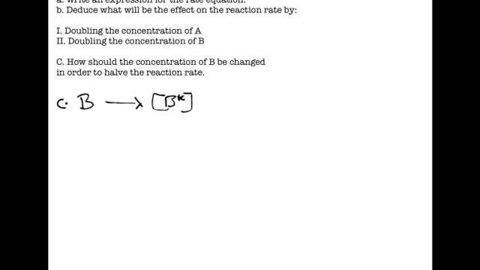So for the half rate, it is going to be 1/2 R, giving us k A B asterisk squared. Because we are halving it, that means we are dividing the rate by 2.